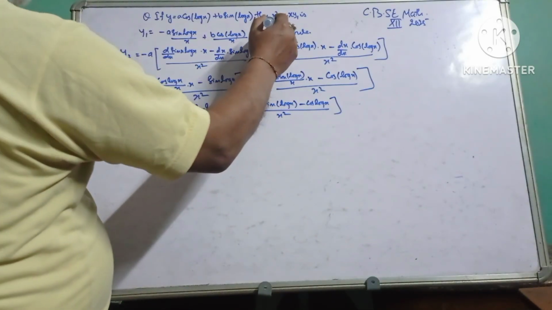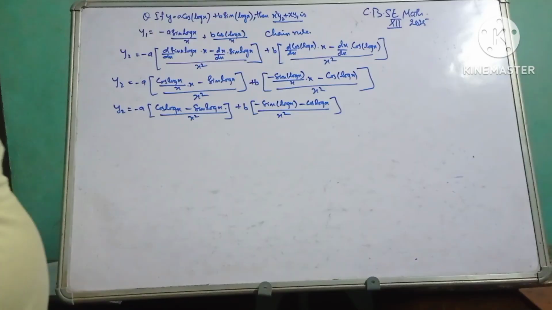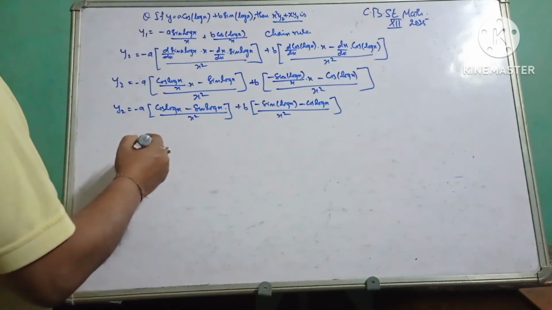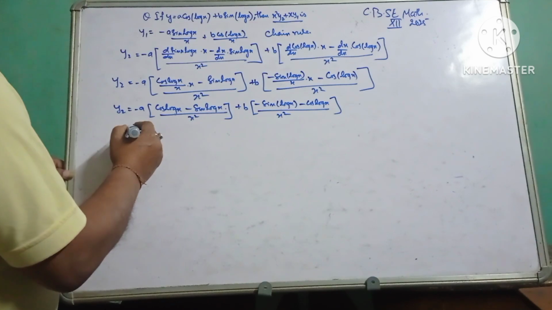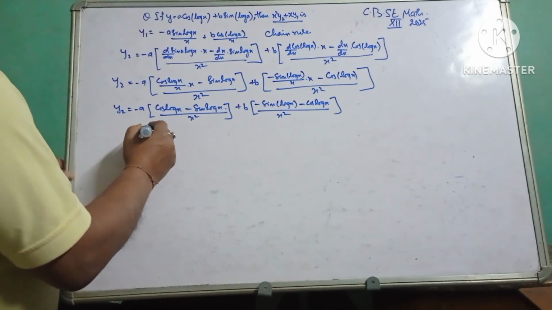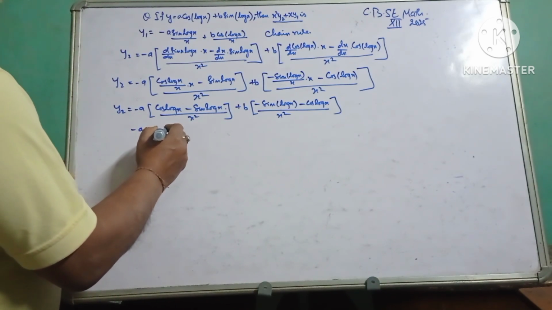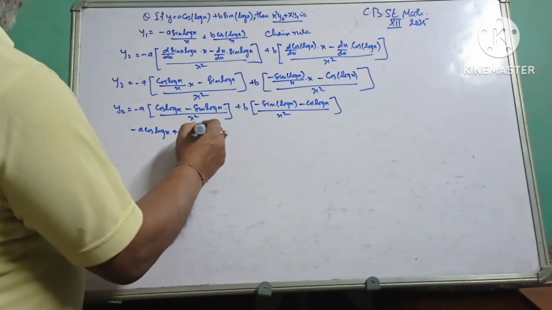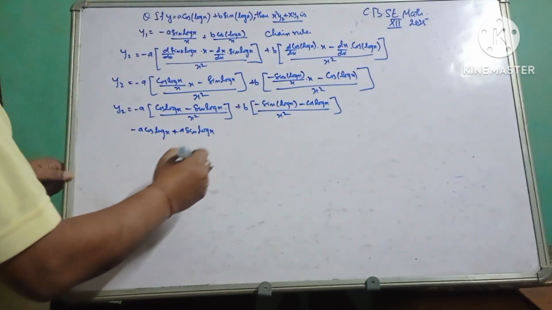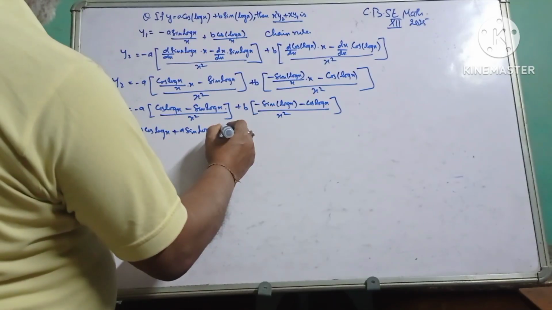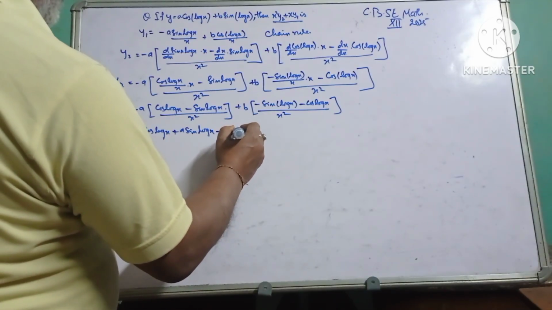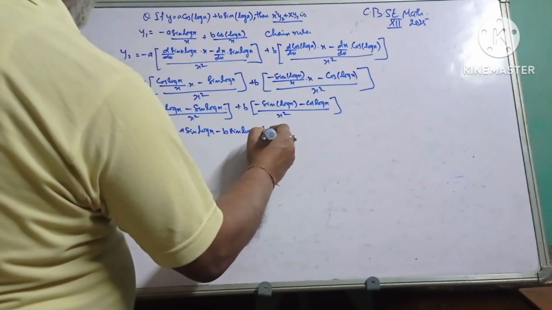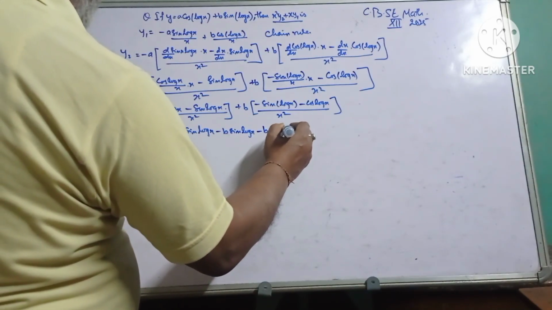Now I am going to place the value of y2 and y1 in this equation. So y2 when I place, x square cancels out. So your remaining will be minus a cos log x plus a sine log x, and this will be minus b sine log x, and this will be minus b cos log x.